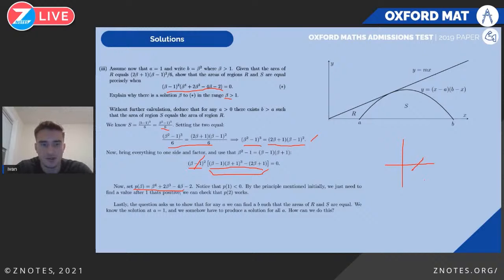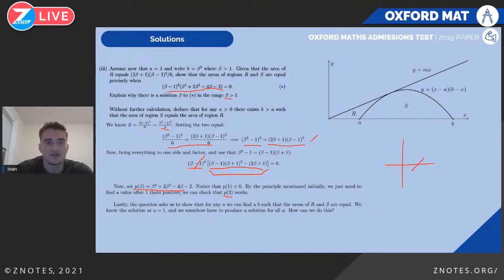Okay. So we just check that p(2) works. So we sub in 2, and we see that indeed you get 16 minus 8 minus 2, which is positive, and voila, the solution greater than 1.